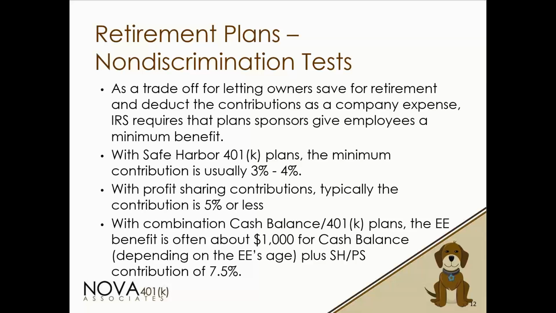And then if you throw in a cash balance plan, the most common plans we design at Nova, and you can design it multiple ways, but we typically give staff about $1,000 in the cash balance plan, and then it often works out where you have to give 7.5% of pay in a profit sharing plan to meet these requirements, which sounds high, right?